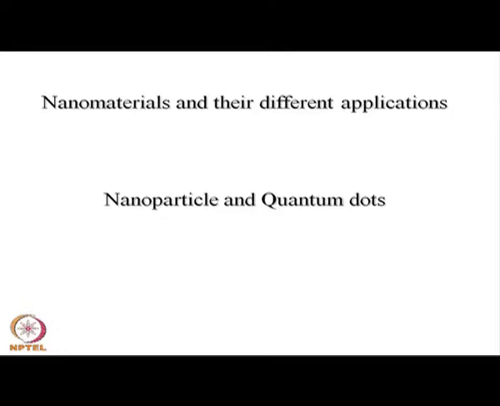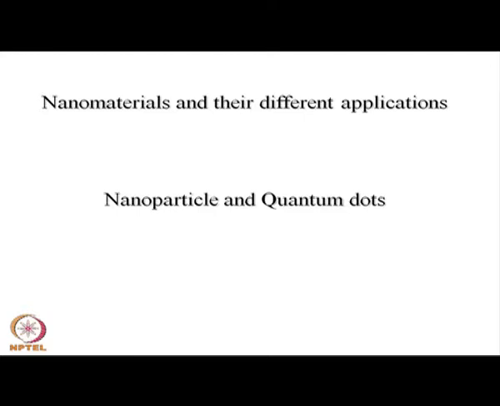I am not going to talk in detail about applications, I shall just give you some ideas of how these nanomaterials can be applied, and during their application, how spectroscopy can help us. It may be extinction spectroscopy, luminescence spectroscopy, or photoluminescence spectroscopy.